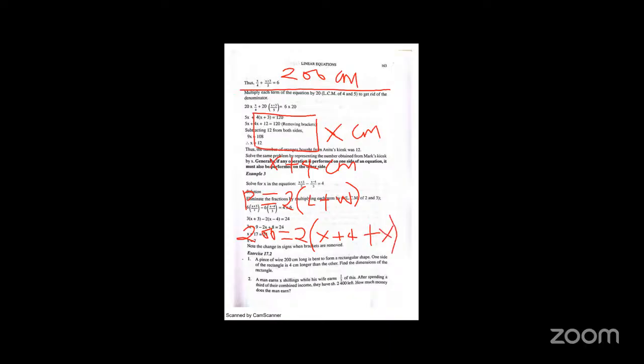So at this point, we have 200 equals 2 into x plus x becomes 2x, plus 4. So therefore, 200 is equal to 4x plus 8. When you open that bracket, 2 times 2x gives us 4x, then 2 times 4 gives us plus 8.